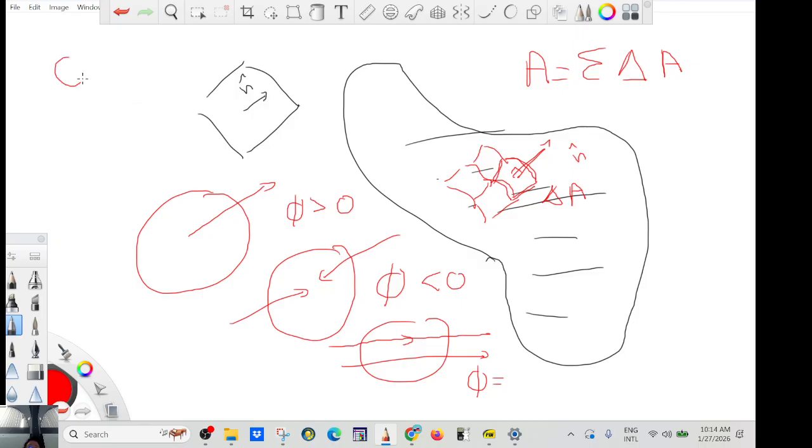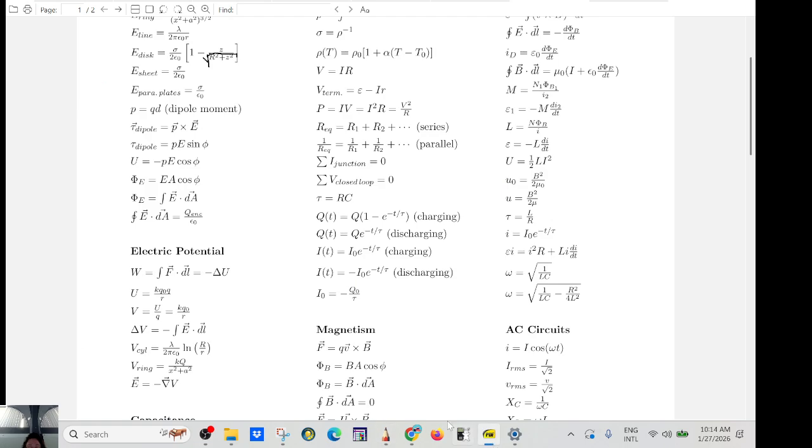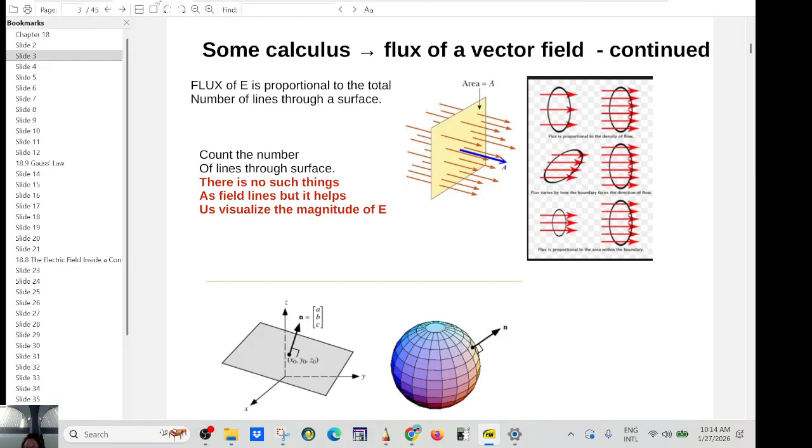So for physics, the electric field flux will be Q in, whatever is inside, over epsilon zero. Epsilon zero is just a constant. And it's a consequence of Coulomb's law, but it's a very elegant way to express it. Okay, this one is Gauss's law.